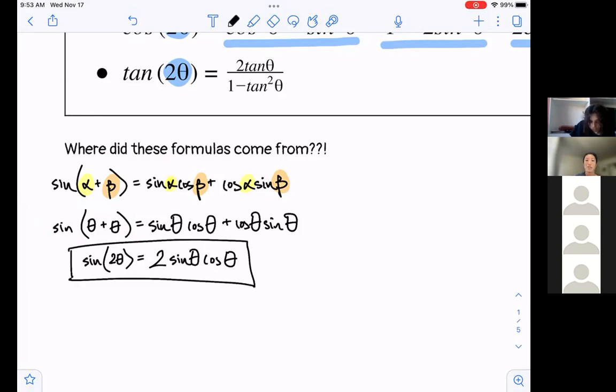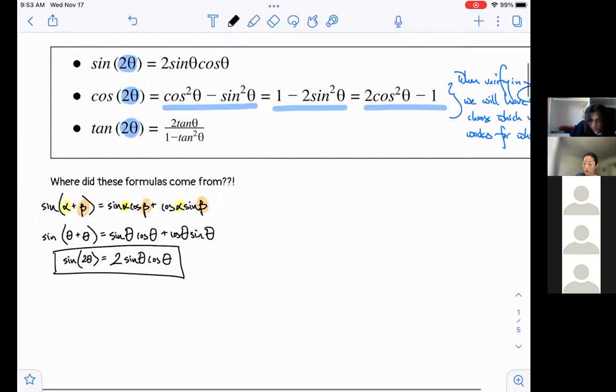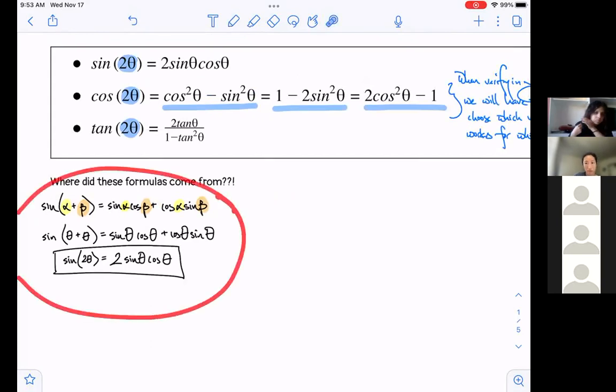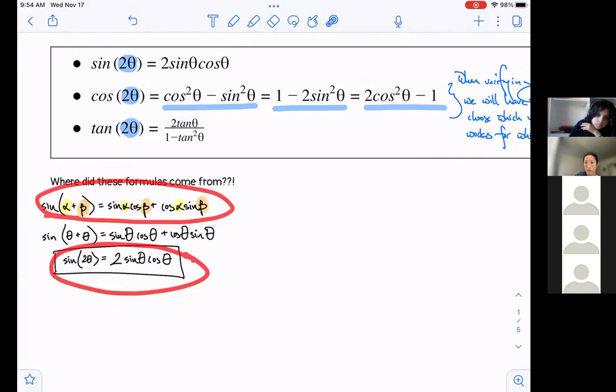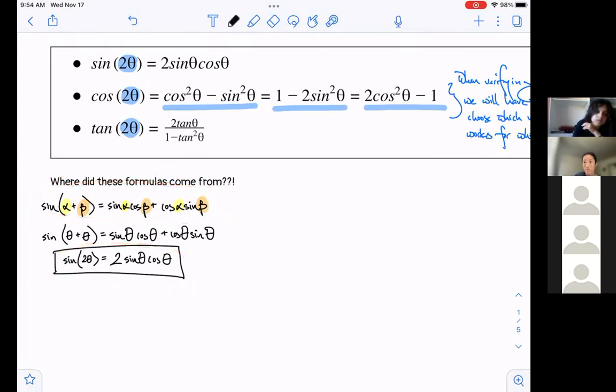All right. So where does this sine double angle formula come from? It is a special case of the sum difference formula for sine. Okay. In other words, if you know your sum difference formula, you know your double angle formula. That's the sine sum formula, right? Yeah, the sine sum formula.